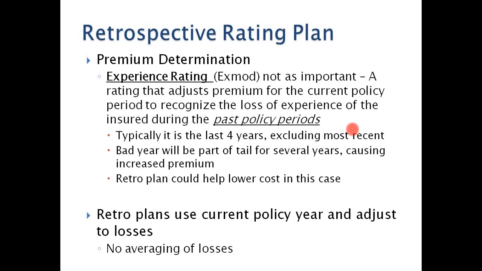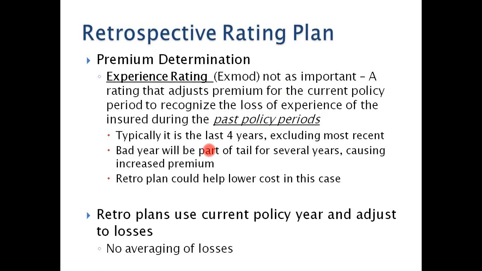As it indicates here, an X mod is not as important when we look at retrospective plans, because under this formula, it's a rating that adjusts premium for the current policy period to recognize the loss experience of the insured during the past policy years. That would be under a general plan.